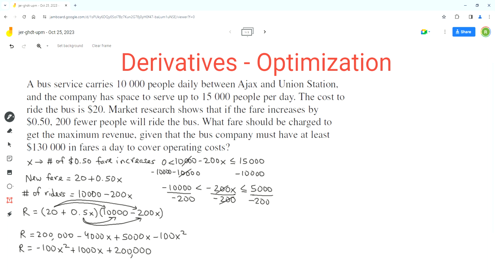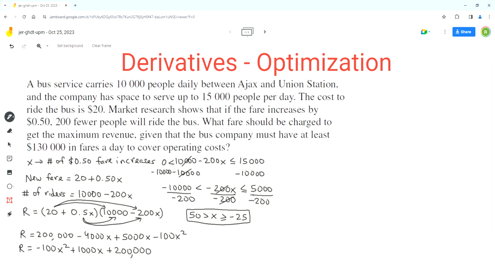So we get 50 is greater than x, and x is greater than or equal to 5,000 divided by negative 200, which is equal to negative 25. So that means x can be any value greater than or equal to negative 25 and less than 50.